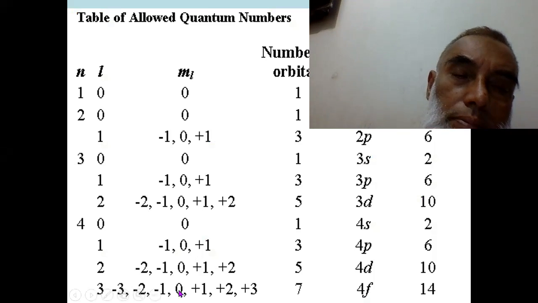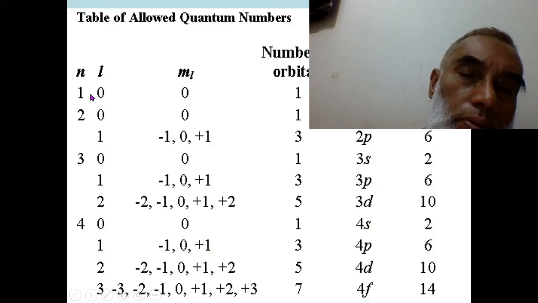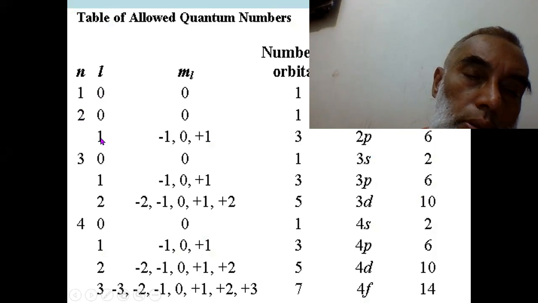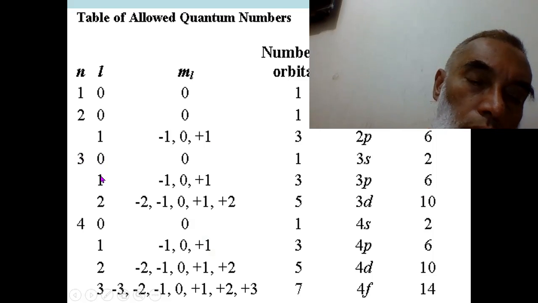As we have mentioned, when the principal quantum number is 1, then the azimuthal quantum number is 0. When the principal quantum number is 2, then the azimuthal quantum number is 0 and 1. When the principal quantum number is 3, then its azimuthal quantum number is 0, 1, 2. When the principal quantum number is 4, then its azimuthal quantum number is 0, 1, 2, 3.